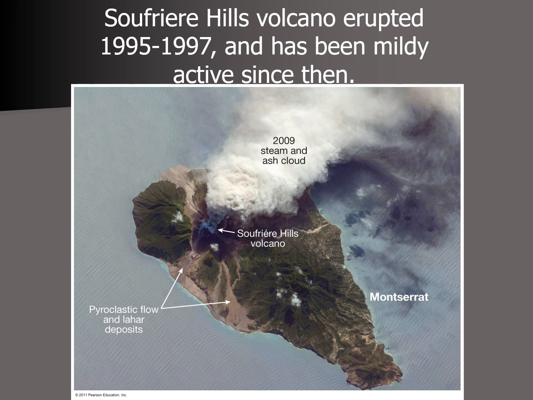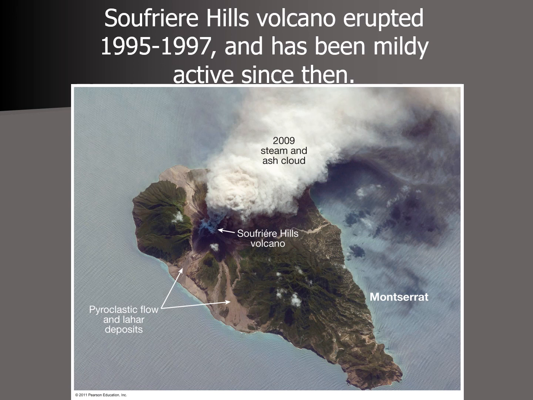Another famous volcano back in the 90s. So this is Montserrat, which I believe is in the Caribbean. And they had to evacuate people from this island. I think they evacuated the entire island because this very dangerous volcano, Soufriere Hills volcano, erupted between 95 and 97.